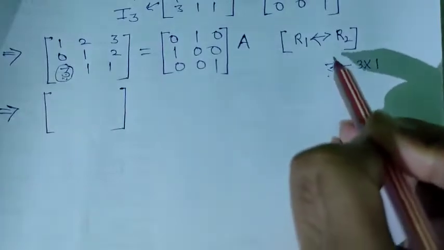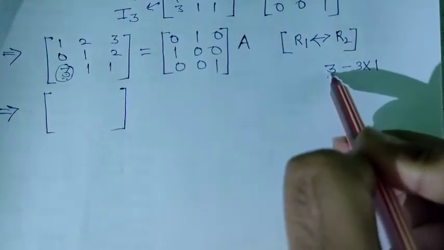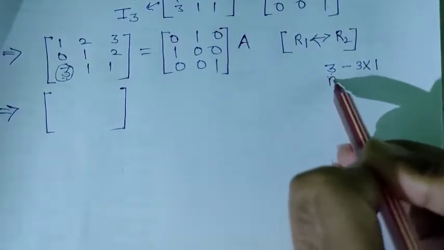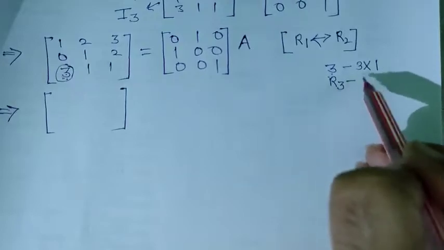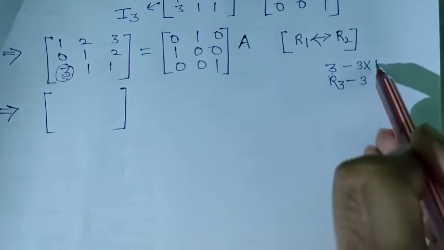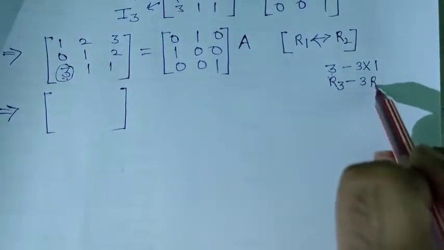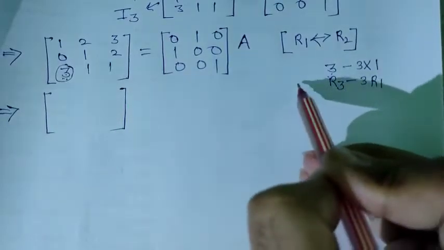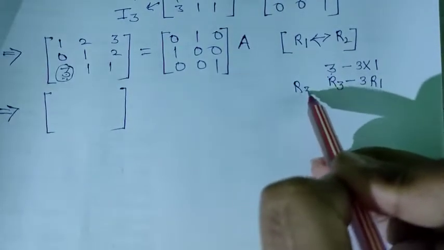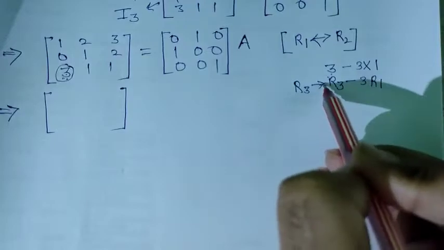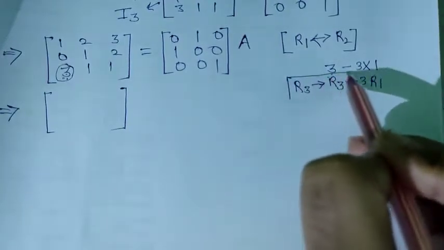And this 3 is an element of R3 and 3 and 1 is an element of R1. So in such a way I have got the idea of which procedure I must apply here.